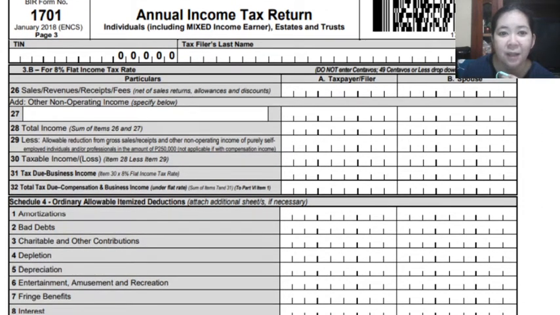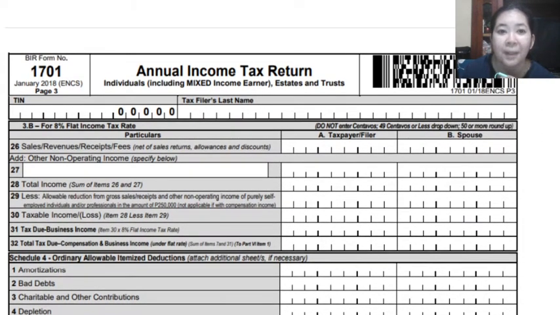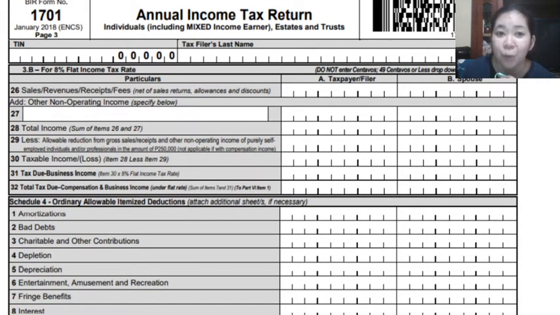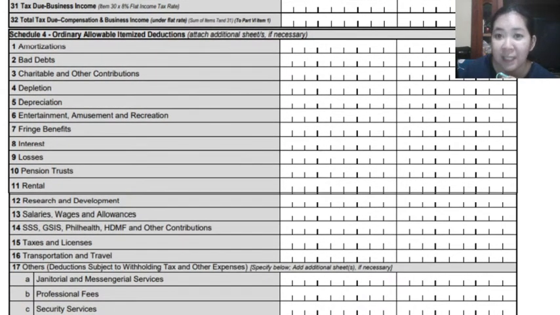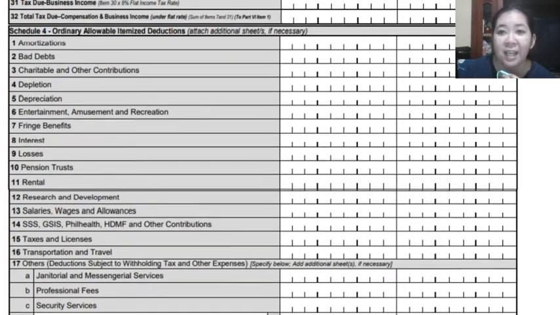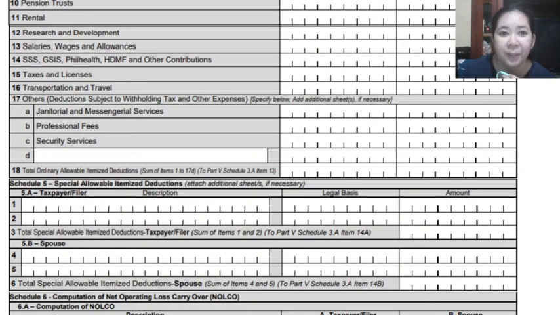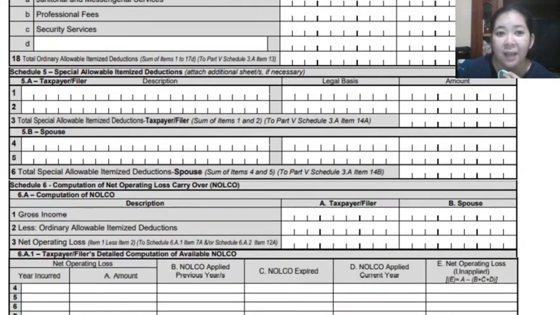This is where they will fill in the details for the amount of their gross revenues, receipts, and fees, and other non-operating income, to determine their tax due for their business income. We have here Schedule 4, Ordinary Allowable Itemized Deductions for the business or engaging in trade or business. We also have the Schedule for Special Allowable Itemized Deductions.